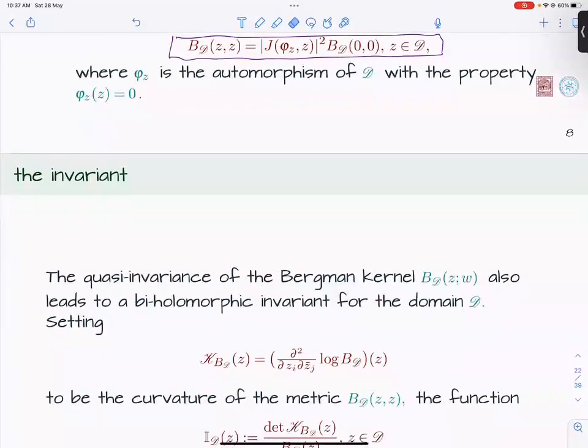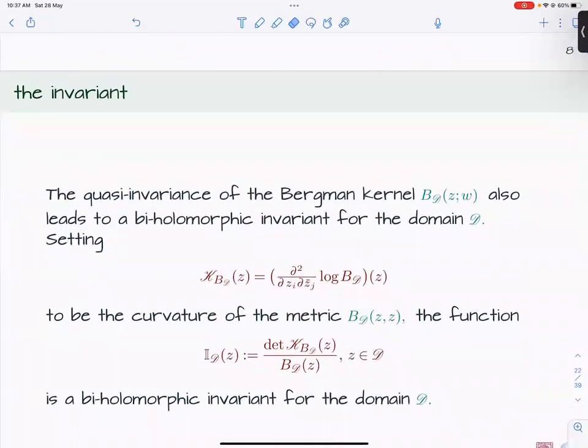Okay, question is, what is the invariant? Well, we have already seen a curvature before. That is why I was telling you, unlike Bergman, perhaps you have the inputs and you should be able to say how this goes.